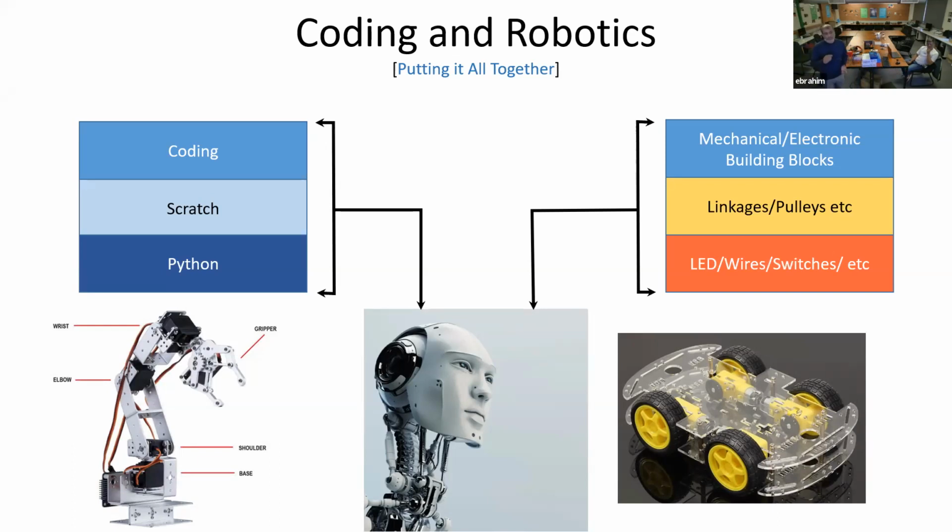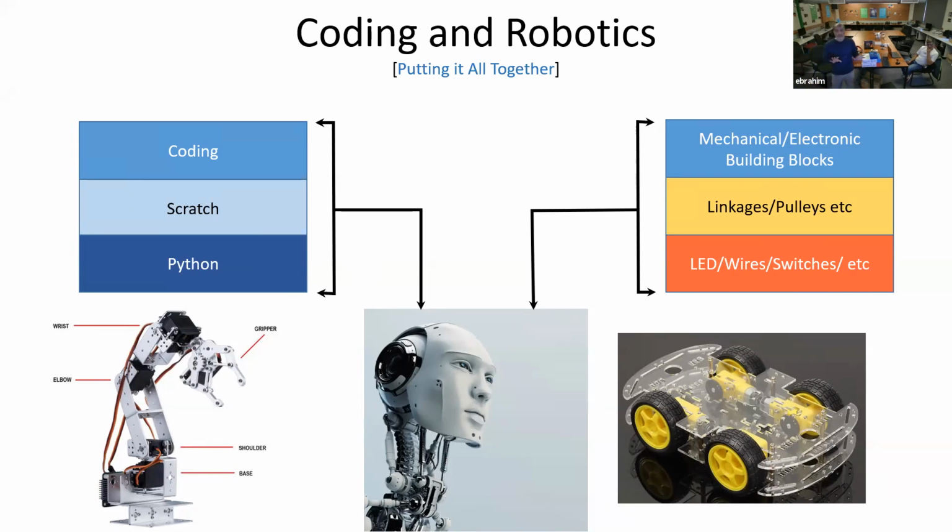While you were learning coding, they also taught you other skills linked to mechanical engineering and electronic engineering. They taught you about linkages and pulleys, which are mechanical links. From the electronic side, they taught you LEDs, wires, and some servo motors.